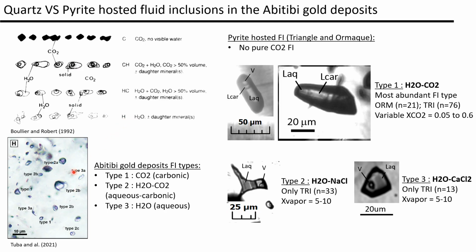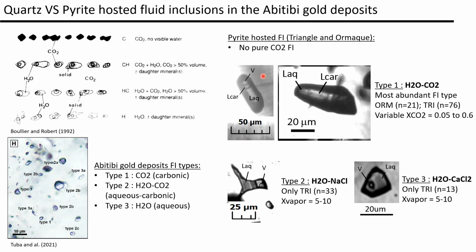In the study of Tuba in 2021 from different gold deposits in the Abitibi, they define 3 types of fluid inclusion. The first one is the carbonic, the second one aqueous-carbonic, and the third one is the aqueous. But what about the fluid inclusions in the pyrite from Triangle and Ormaque?